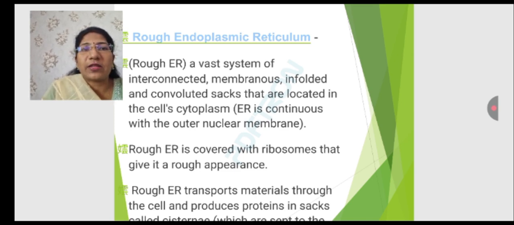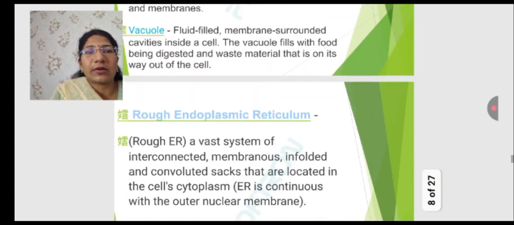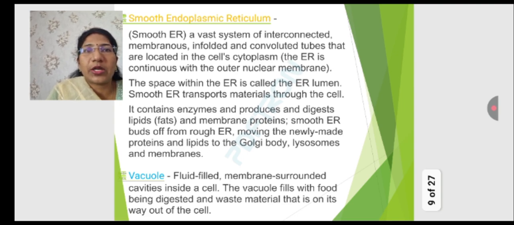It is covered with ribosomes that give it a rough appearance. Rough endoplasmic reticulum transports material through the cell and produces protein in a sac called cisterna.